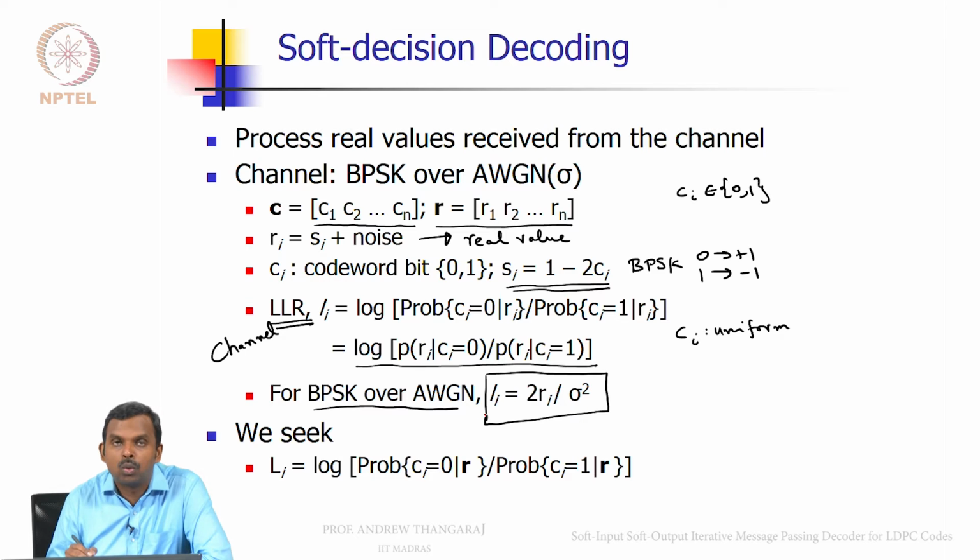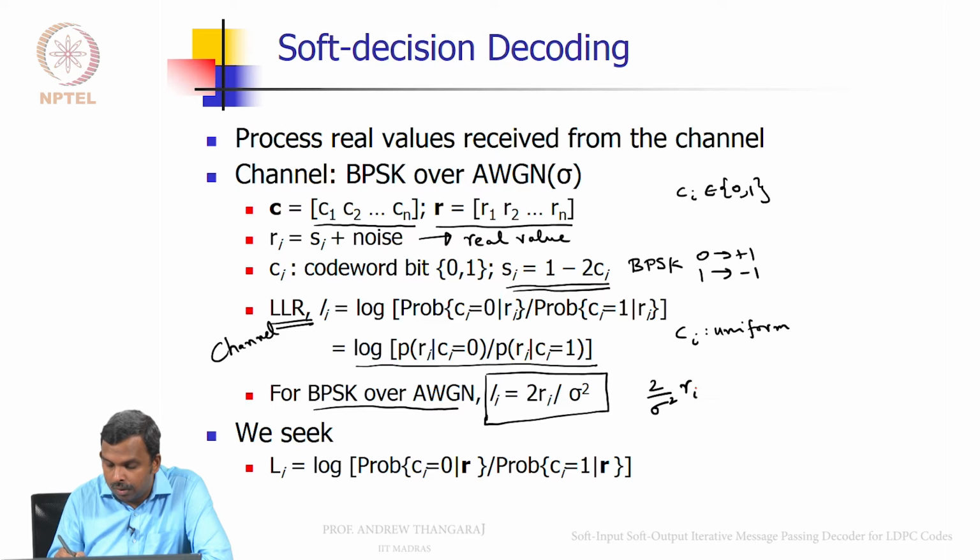So we saw this before, 2 times Ri by sigma squared is the channel log likelihood ratio for the particular received value. Okay. Given Ri alone, the belief on the bit is 2 Ri by sigma squared. So you can see this is important to know. Li is proportional to Ri, and the constant is 2 by sigma squared.